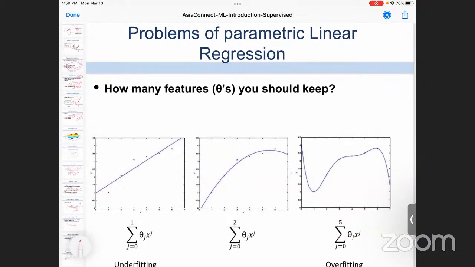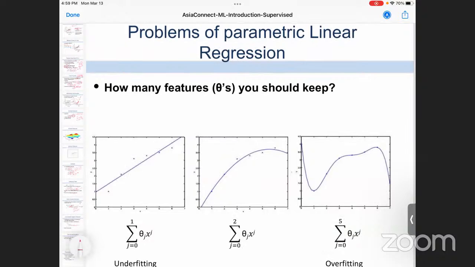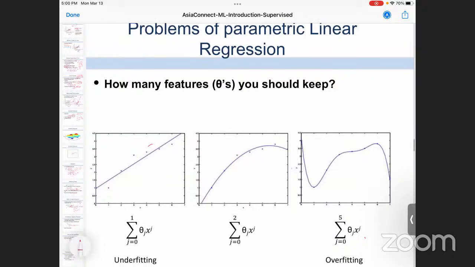You can have different kinds of hypotheses for the same set of training examples. Here, you can have a straight line. Here, you can have a 2-order polynomial. Here, you can have a 5-order polynomial, right? For this theta, it seems a little bit underfit. It does not fit really well to the training set. But here, it fits really well to the training set. The error will be much less.